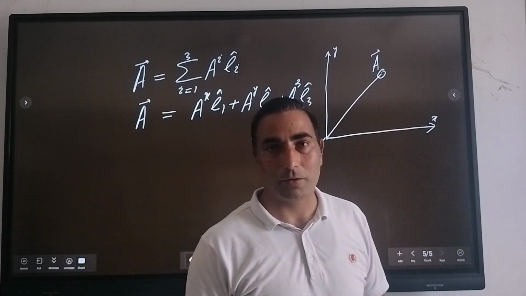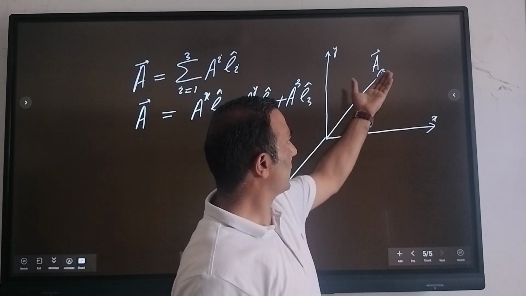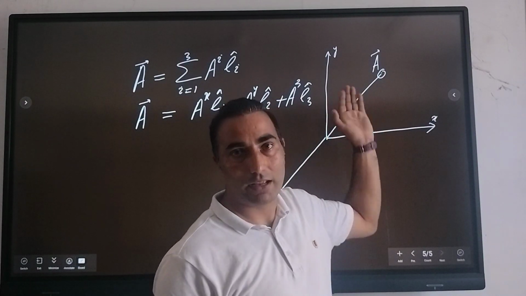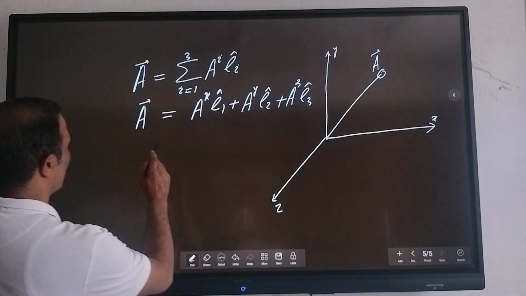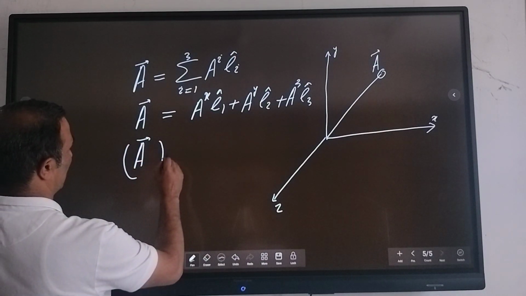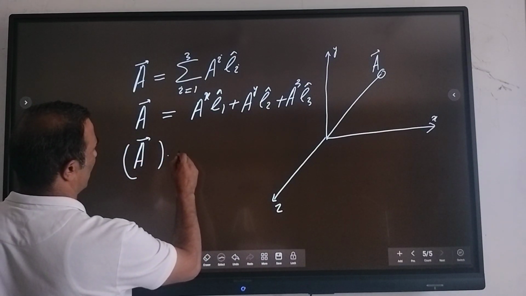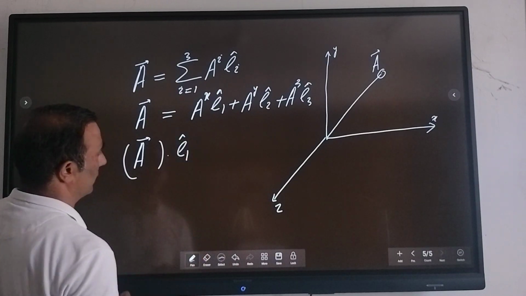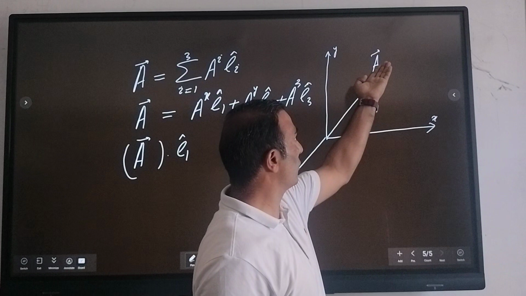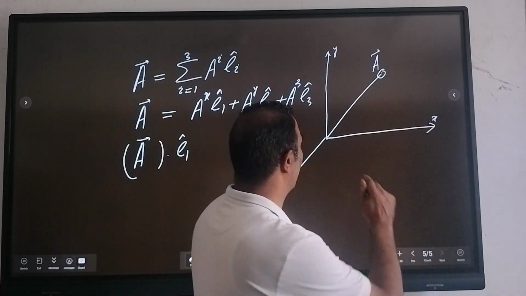If I want to calculate a component along the x, y or z direction, I need to multiply this vector by e1, right? If I multiply this vector by e1, that basically gives me the component of vector A along the x direction, right?